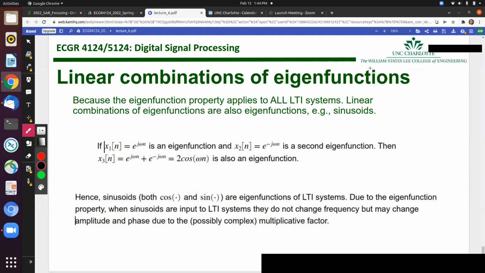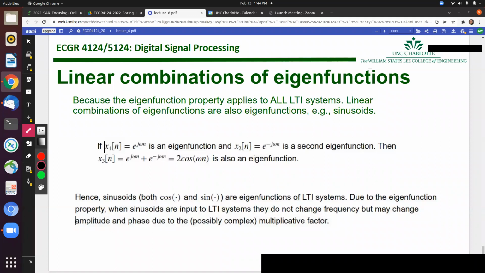Because the eigenfunction property applies to all LTI systems, linear combinations of eigenfunctions are also eigenfunctions. The eigenfunction property is satisfied for both, and the system itself is LTI.